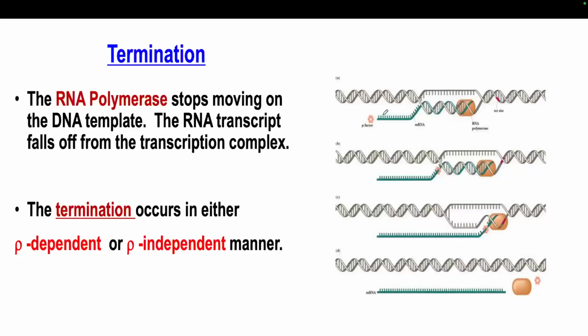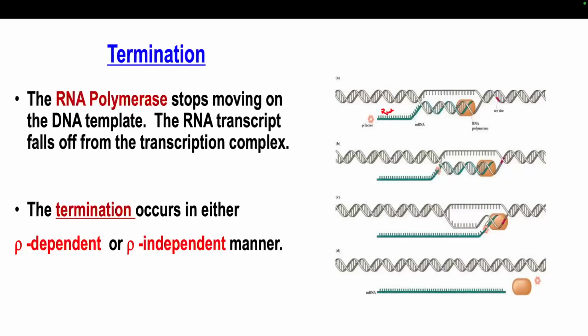There is a site called rut. In the rut site the rho factor binds, and it slides until it reaches the DNA-RNA hybrid, where the RNA polymerase is bound with the RNA-DNA duplex.